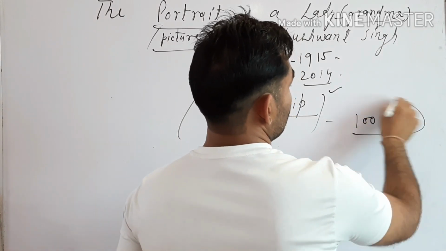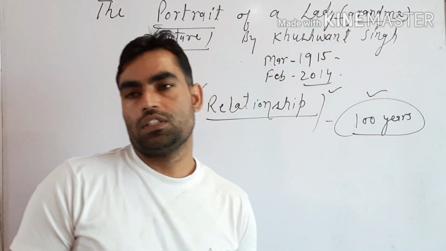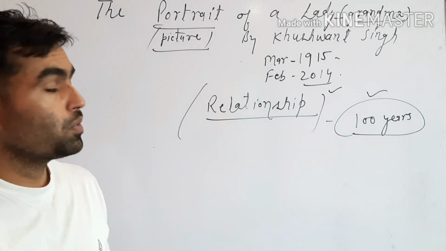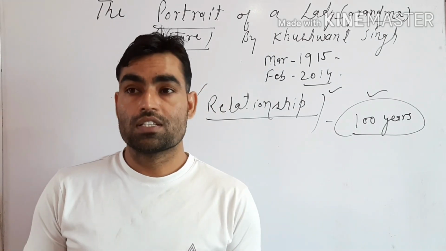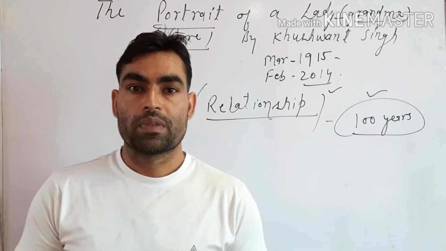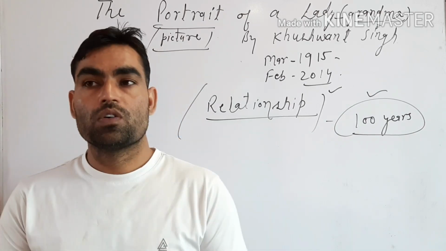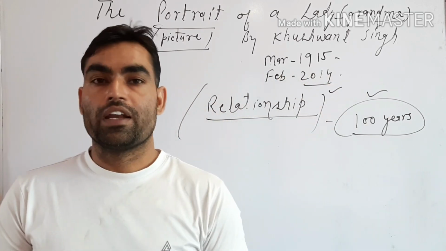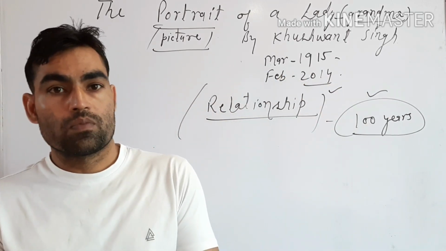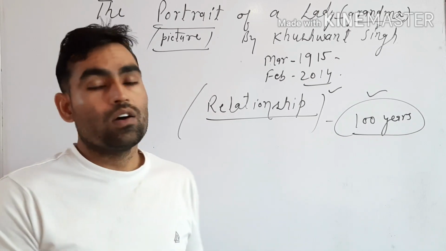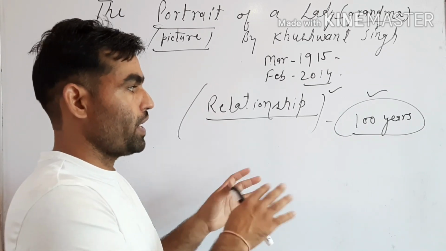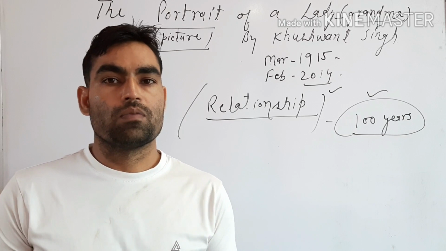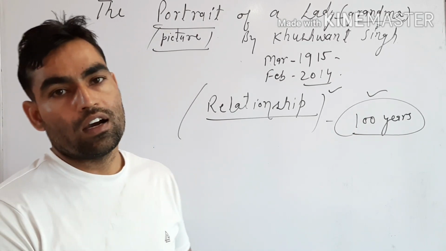A more interesting fact about her is that for the last 20 years she has been the same. The author hasn't observed any kind of change in his grandma. She was the same 20 years before, and now when the author observes, he finds that nothing has changed in her.